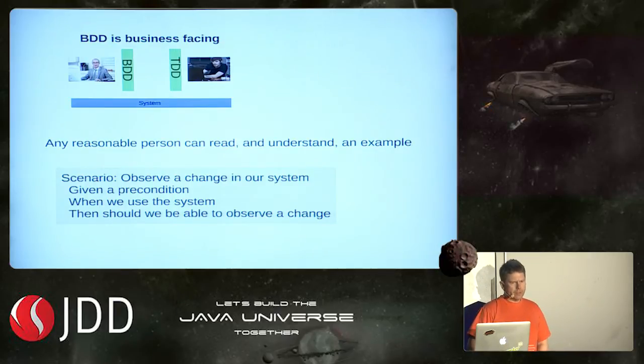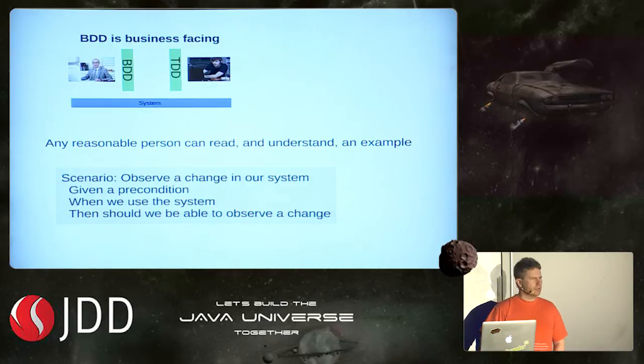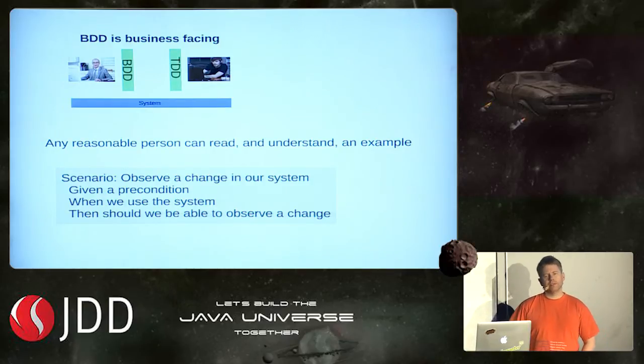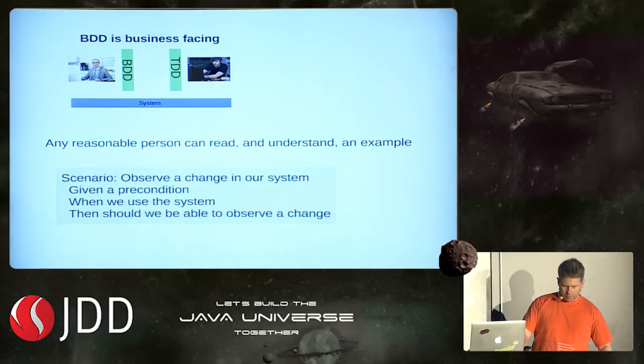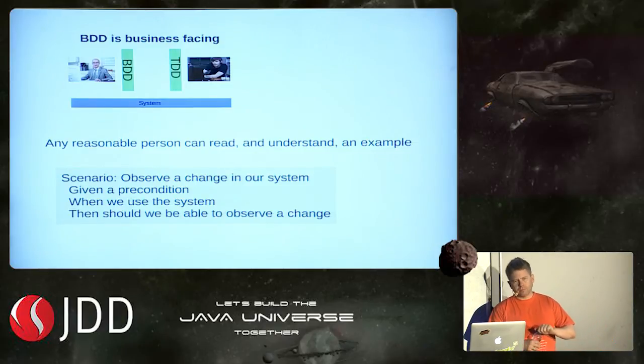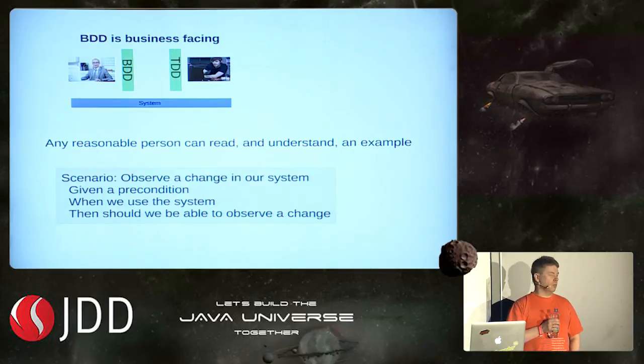And then we set up the system. So we have some kind of precondition. Then we actually use it. And then we try to observe whatever change there was. We don't really know how it's implemented. We don't really care. We're interested in the behavior, not the implementation. And anyone can read this, almost anyone at least.